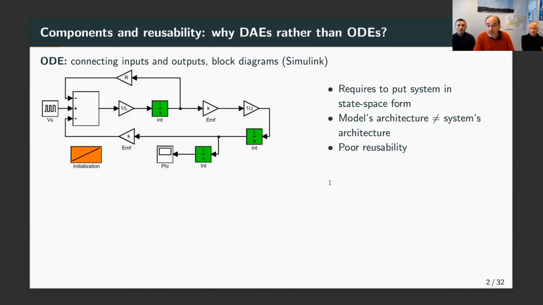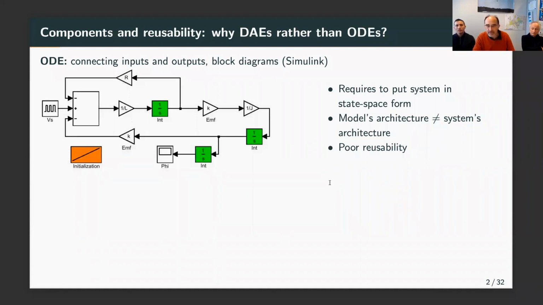So I guess you all know the Simulink language, and you have here a Simulink model of some physical system. And what you can immediately see is that you don't get the organic architecture of the physical device that is modeled here.